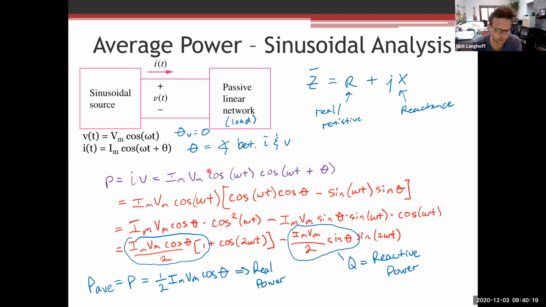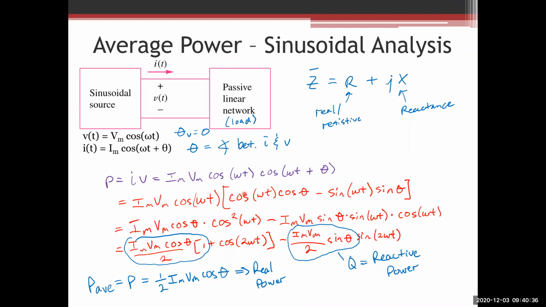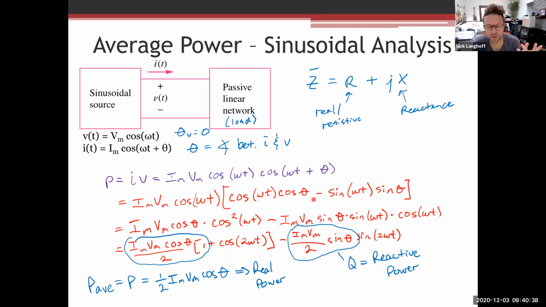So if we put in the sinusoids here, I max times the cosine of omega t, times V max times the cosine of omega t plus theta, we'd use some trig identities to rewrite this. You can review what we did on Tuesday in the video for the derivation.